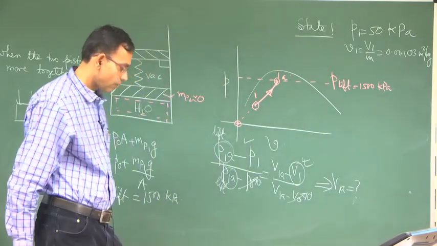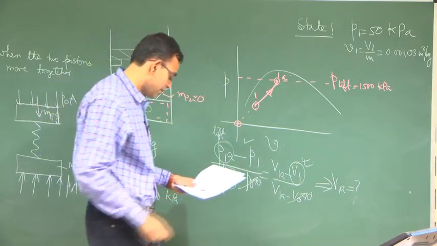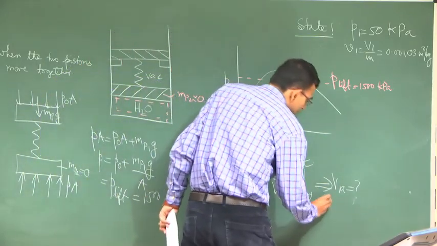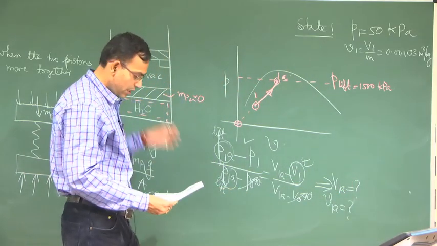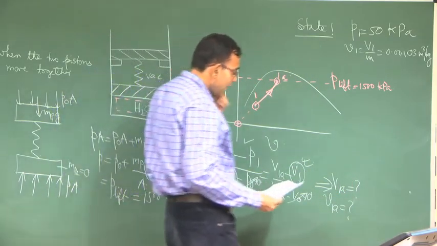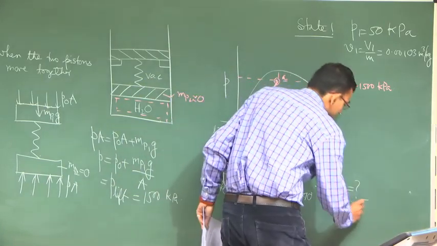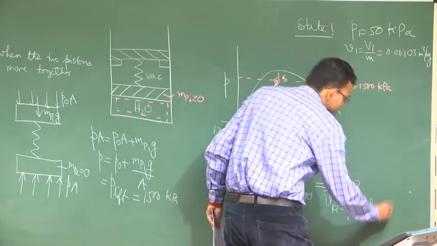So, if you calculate it, you can write it also in terms of the specific volume V1A, you will find that after calculation this is less than V stop.